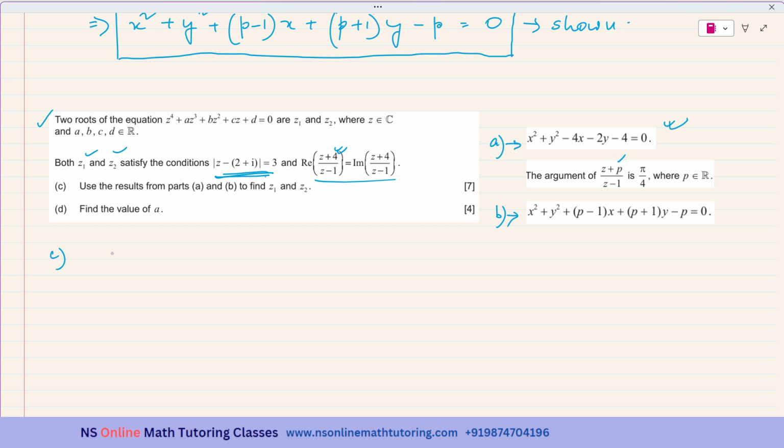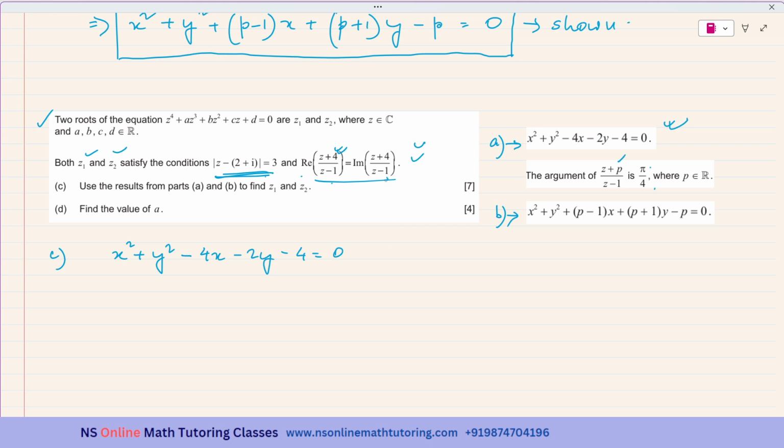So I can write this equation. This equation will be satisfied by both z1 and z2. So I'm taking this equation. And for subpart B, they had said the argument of this is pi over 4, and for subpart C, they are saying that the real part is equal to the imaginary part.